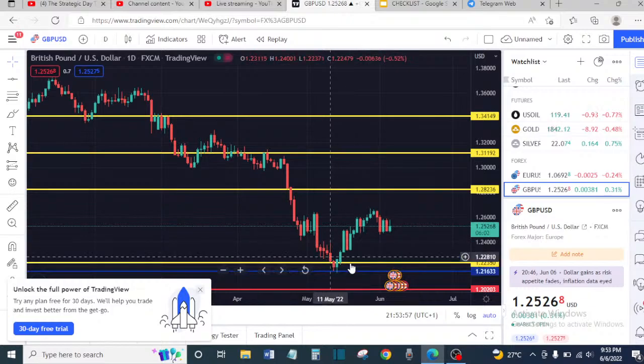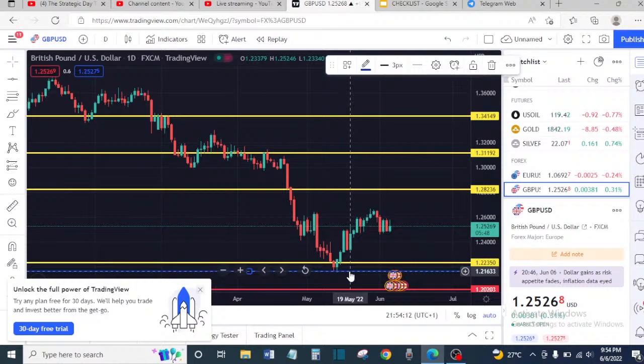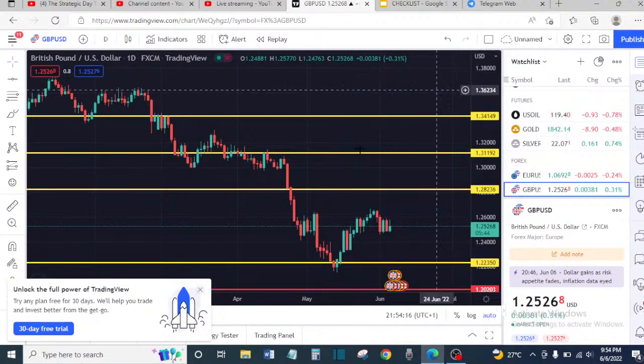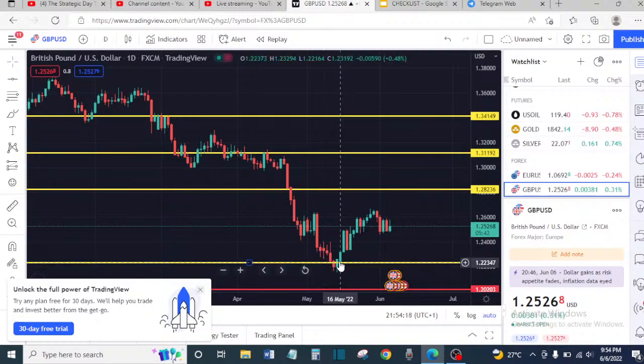I'll switch back to 4 hours later. So our entry is where we have the yellow line, exact points. We will be removing this blue line. So this is our entry here at the yellow line.